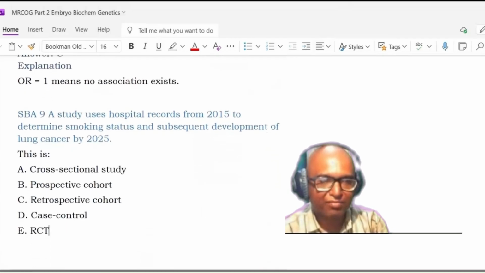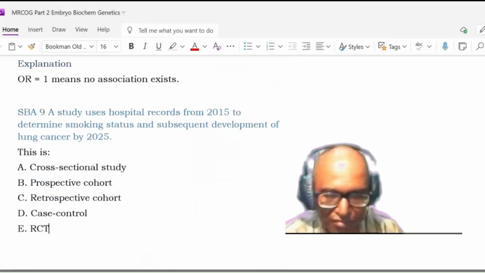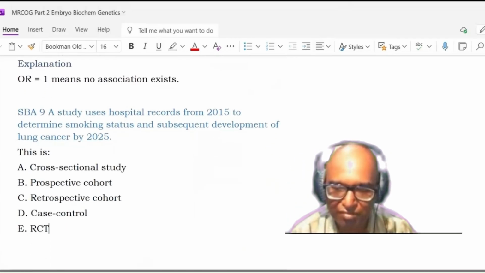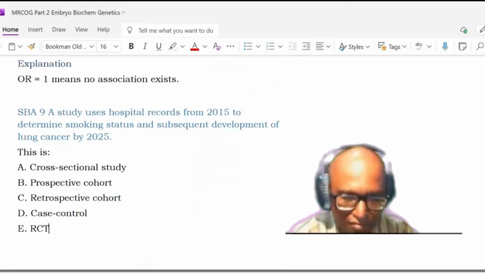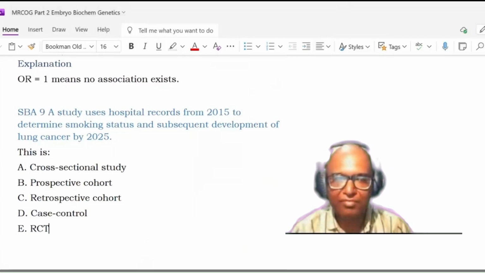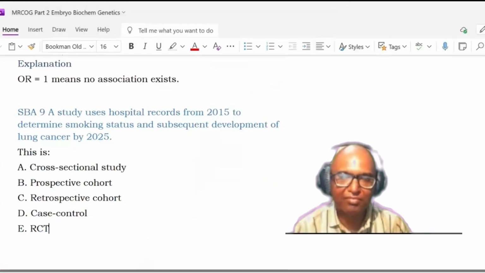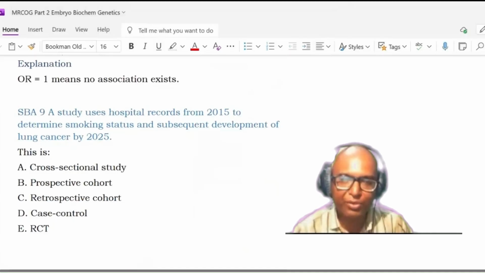Next, question number 9. A study uses hospital record from 2015 to determine smoking status and subsequent development of lung cancer by 2025. This is: cross-sectional study, prospective study, retrospective cohort, case control, or RCT. So it is retrospective cohort, because it begins in 2015 and it ends in 2025, though the study is conducted in 2025.